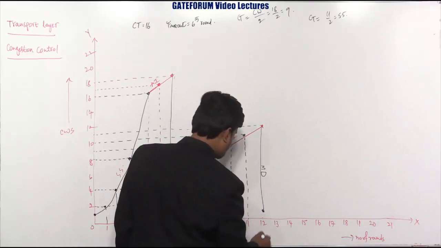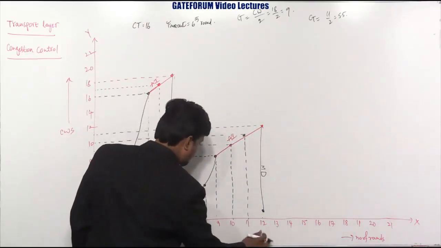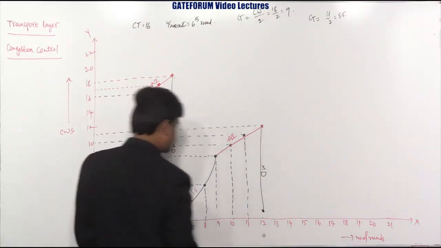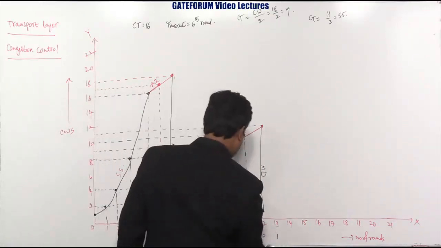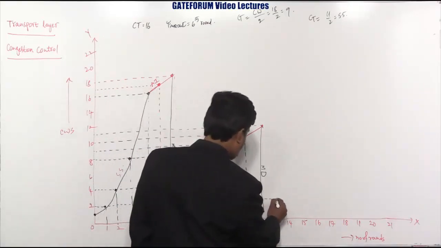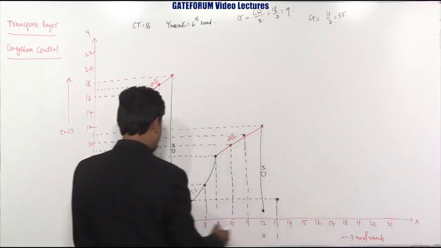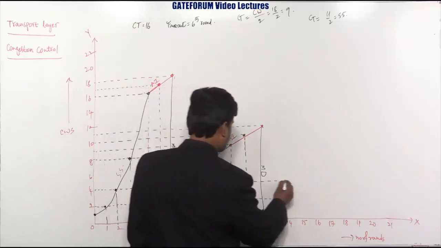So now this is my first round again. This is my initial round, which is 0. Then the first round is the 13th round, in which the congestion size is 2. The 14th I can consider as the second round, in which the congestion size is 4.